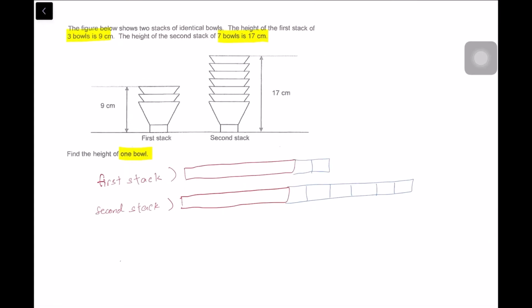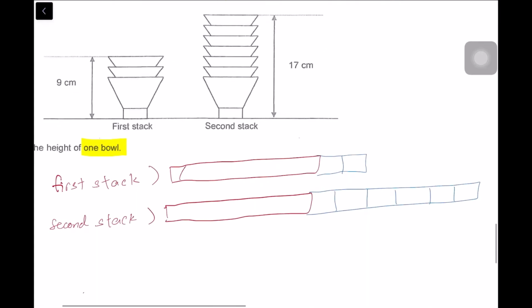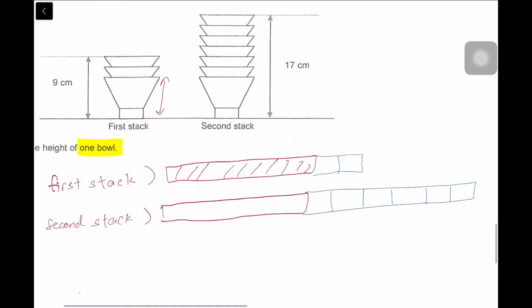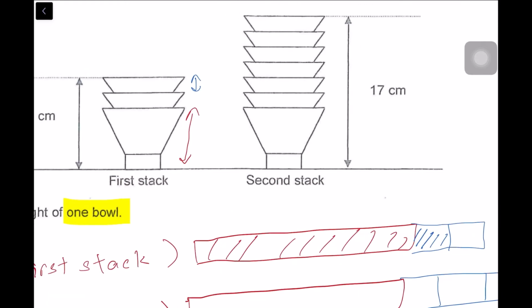So this large bar represents the full height of one bowl, and one small bar over here represents the smaller height of the bowl, this height.